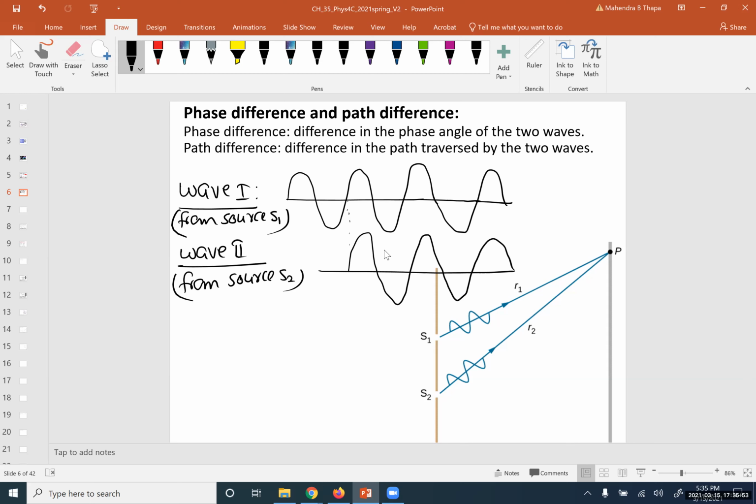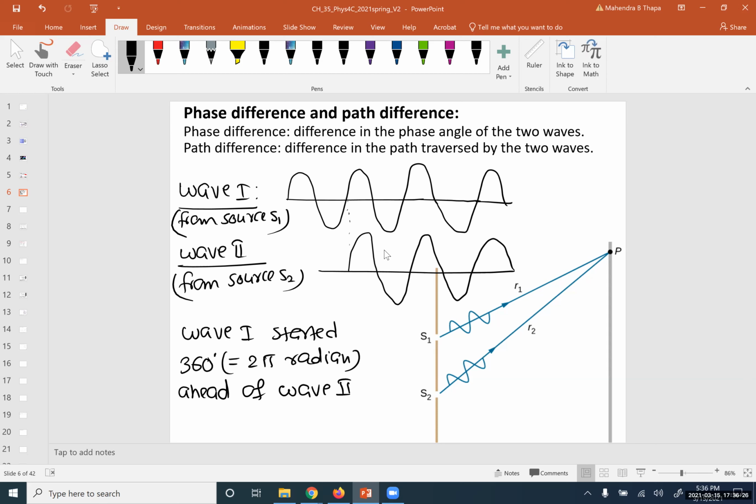In the above picture, you see that the first wave started 360 degrees or 2 pi radians ahead of the second wave.